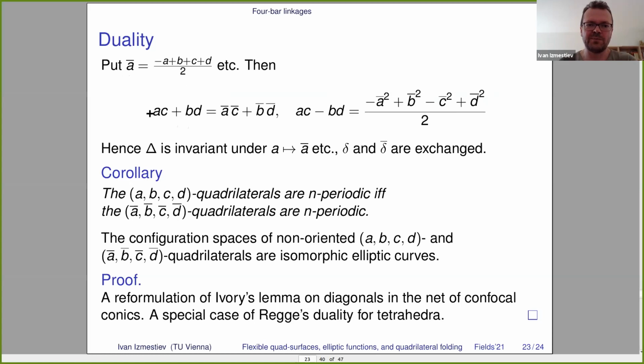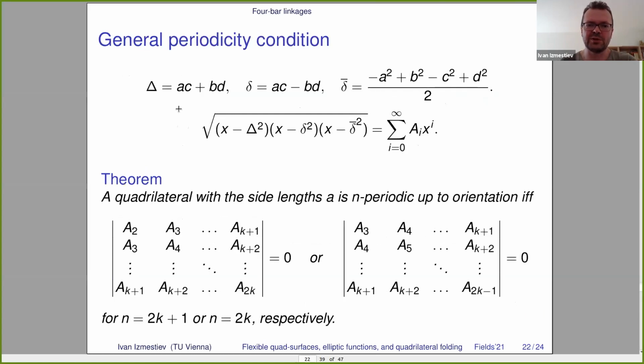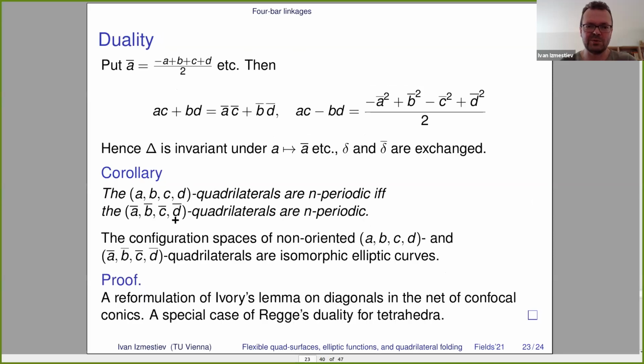For example, AC plus BD was the capital delta. If you make that operation, the capital delta does not change, and small delta and delta bar are exchanged. But this means that if the ABCD quadrilateral is n-periodic, then the A bar, B bar, C bar, D bar quadrilateral is also n-periodic. That is absolutely mysterious at first sight.